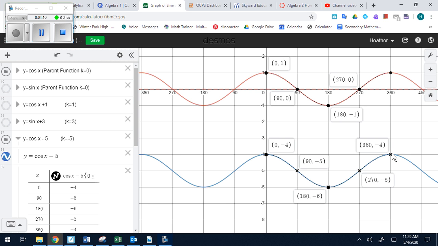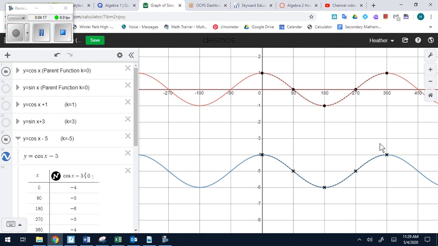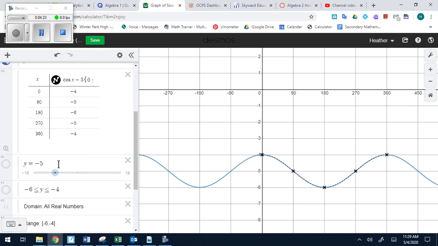all we're doing is subtracting 5 from the y value from the parent function. So let's turn our parent function off and let's take a look at the things that change. So the midline changes, it goes down to negative 5. Notice that your midline becomes your k value, because if you're moving down 5, the midline, which was at 0, moves down 5 as well.